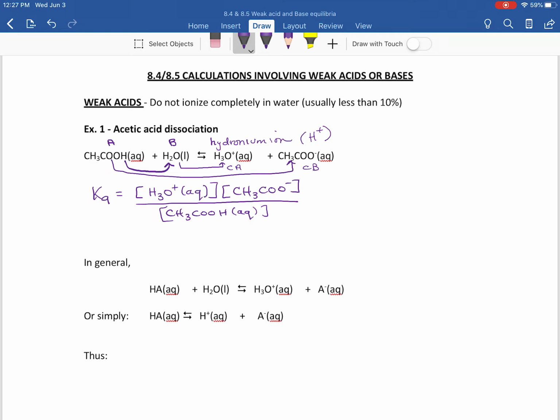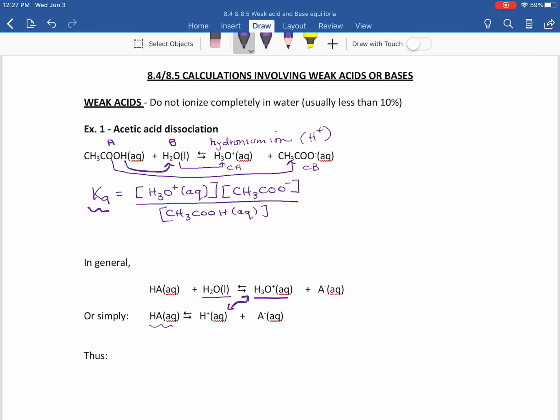In general, you can write it one of two ways. You can have it with the water and you're making the hydronium ion, or you leave water out of the situation because you don't include it in the Ka anyway. See how in this situation we don't include water. We assume water's there because it's aqueous, and then my hydronium ion is simply H+. And this works out with pH equations too.